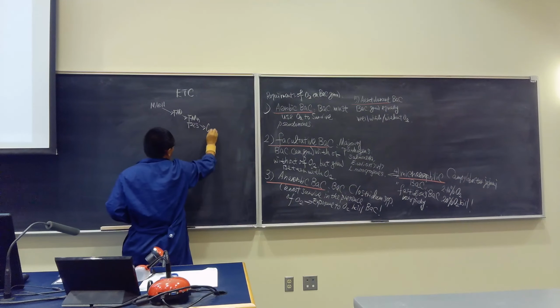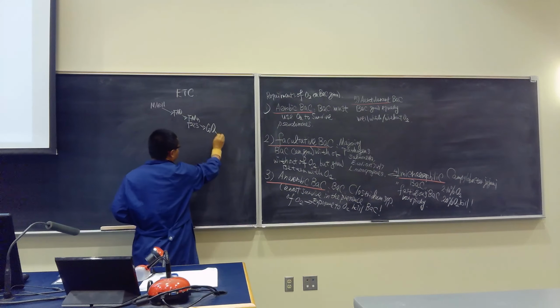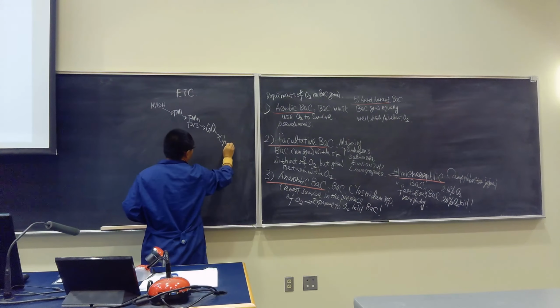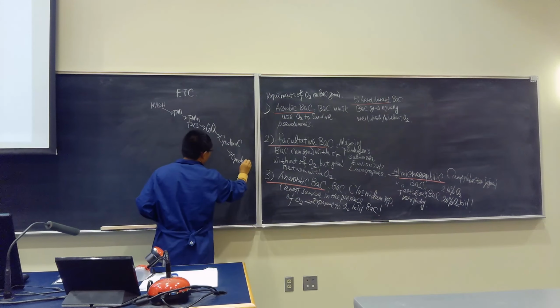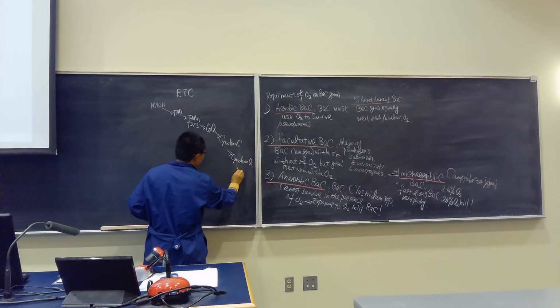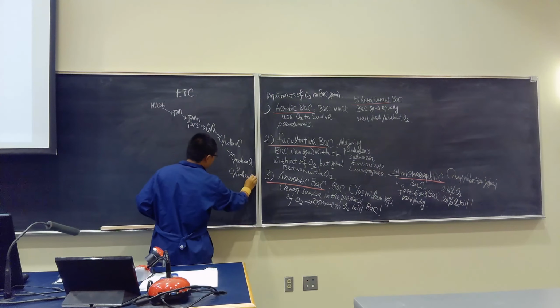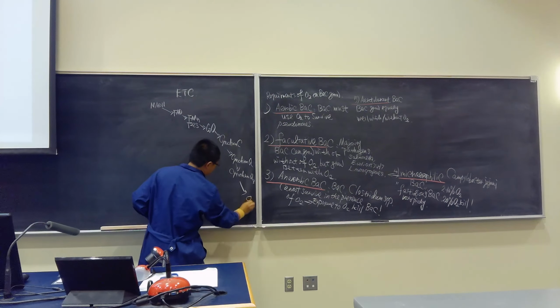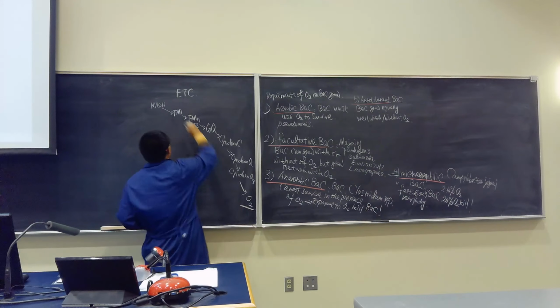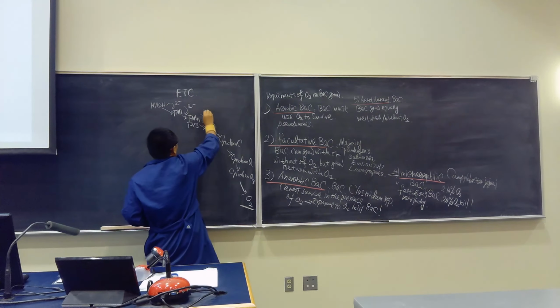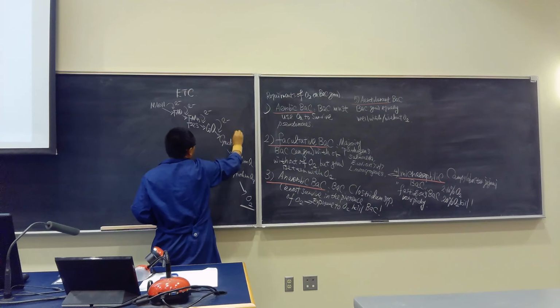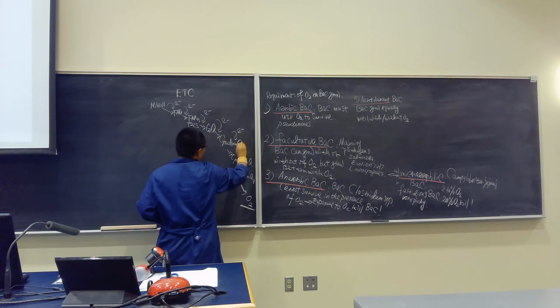So we go to CoQ, coenzyme Q, then go to cytochrome C, cytochrome A. Sometimes we go to cytochrome A3, and the final is oxygen. Okay, this is the key. The electrons are transferred and delivered from the electron carriers in this electron transport chain.